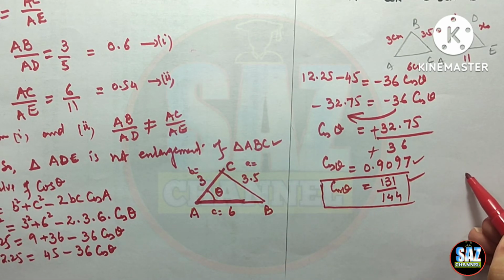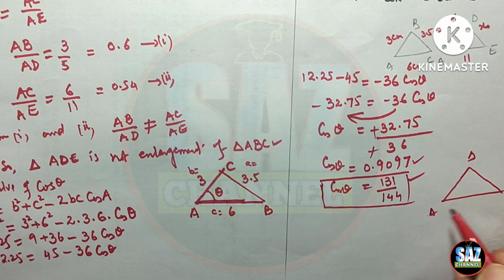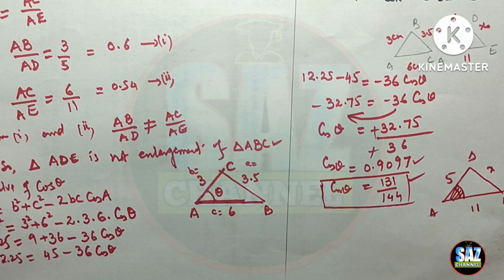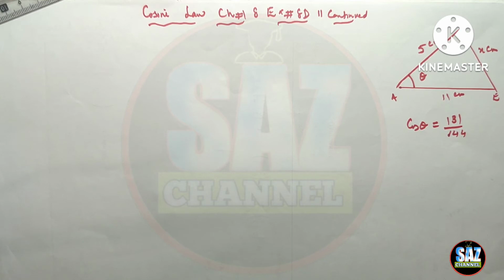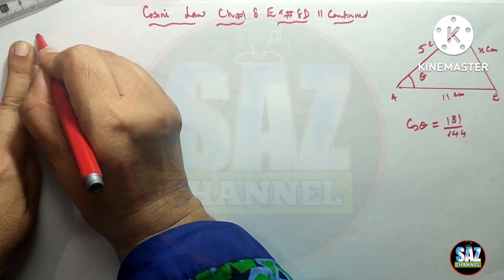Now you can see, students, that I have this big triangle with vertices D, A and E. This side is 11, this side is 5, and this is x, and we have the value of cos of this angle that we will be using for the next calculation. So let's move to the last part of this question, where we have to find the value of x.